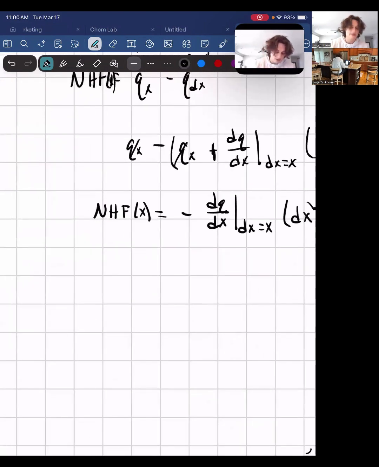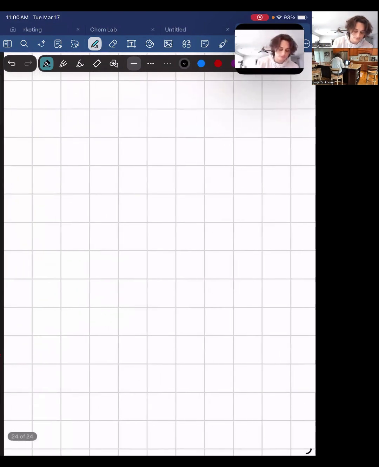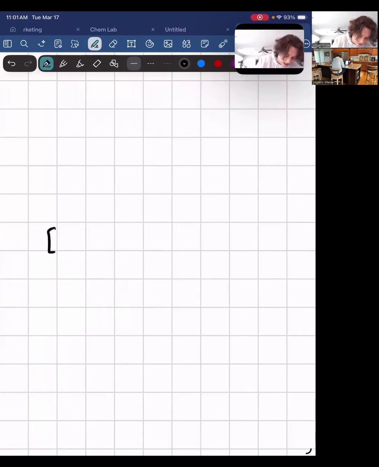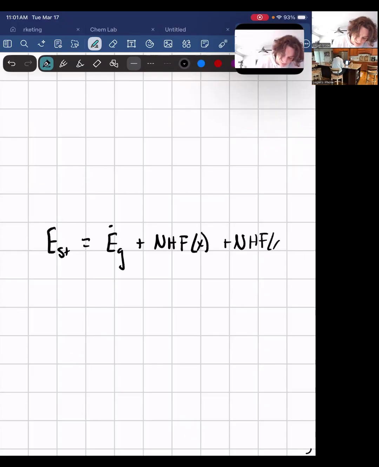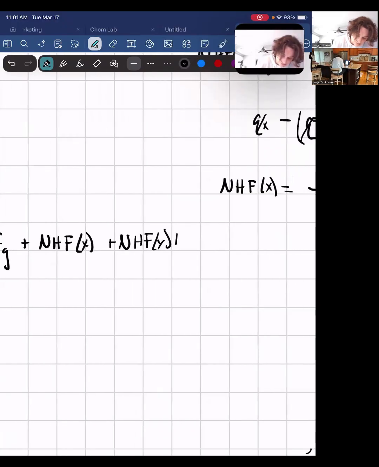And so when we look at our energy storage equation, it can be written as our energy generation plus the net heat flow in the x direction plus the net heat flow in the y direction plus the net heat flow in the z direction.